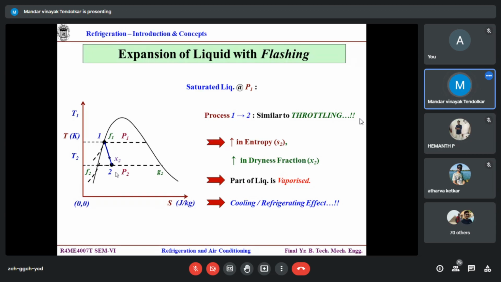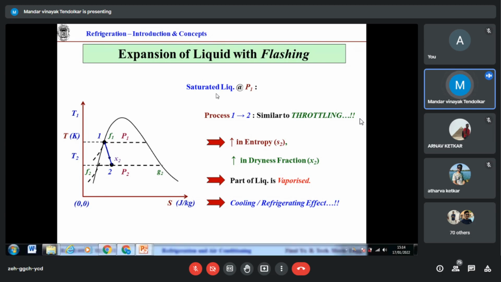Do you agree? Yes, sir. So now this process will always show an increase in entropy. S2 will always be greater than S1. It will never be isentropic, like perfectly vertical. It will be a slant line. We know that liquid expansion is always irreversible.